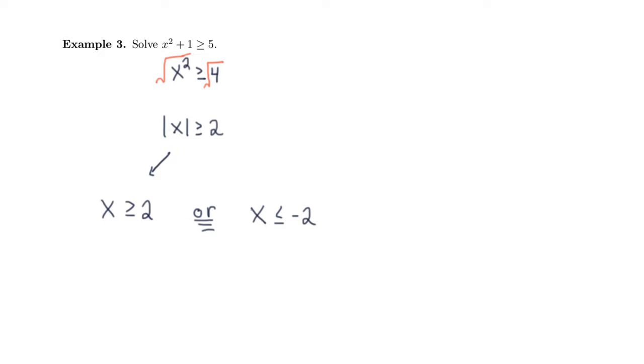And again, the key word here is going to be or. So I get two solution sets here for my two cases to consider. One of them is 2 to infinity, and the other one is negative infinity to negative 2. And the key word here is or. So with and, I took an intersection of the two sets that I found.